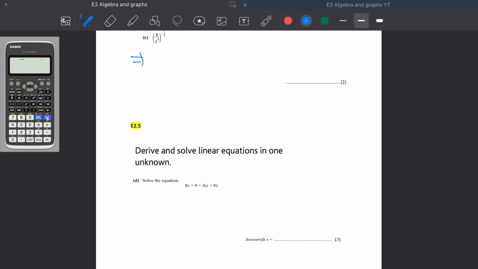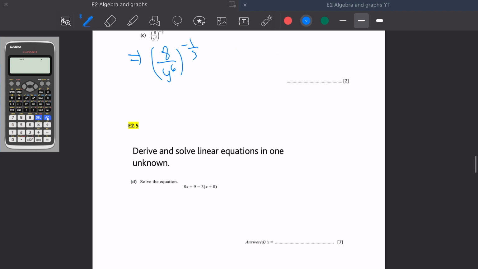On this question we have 8 divided by y to the 6, all to the power negative 1 by 3.